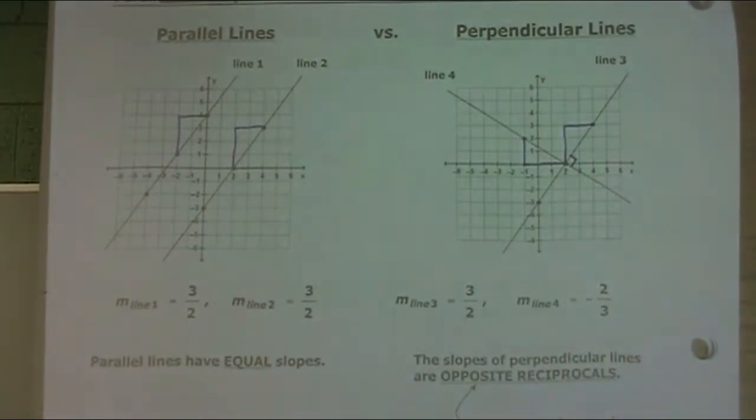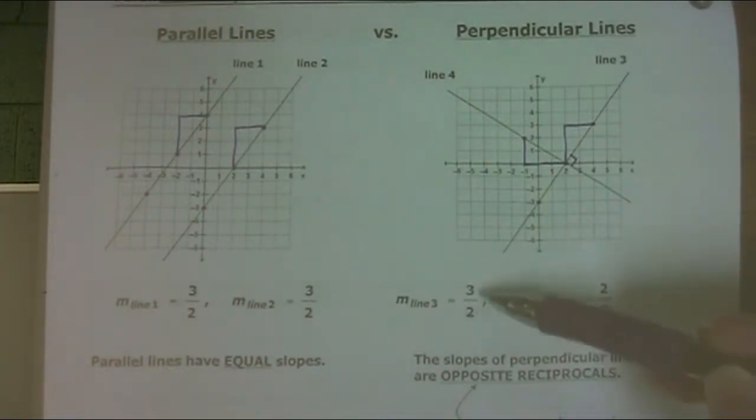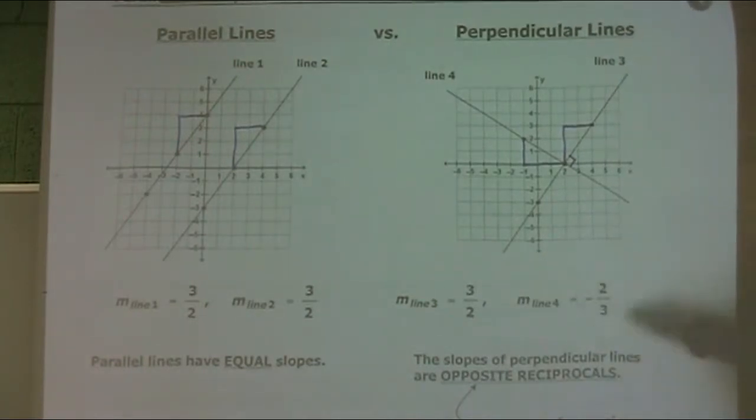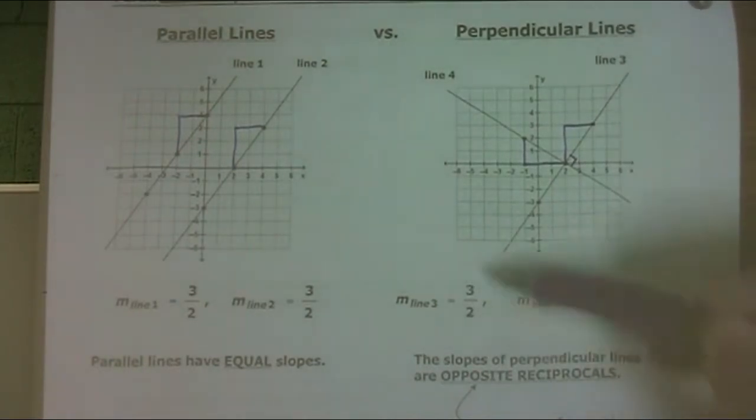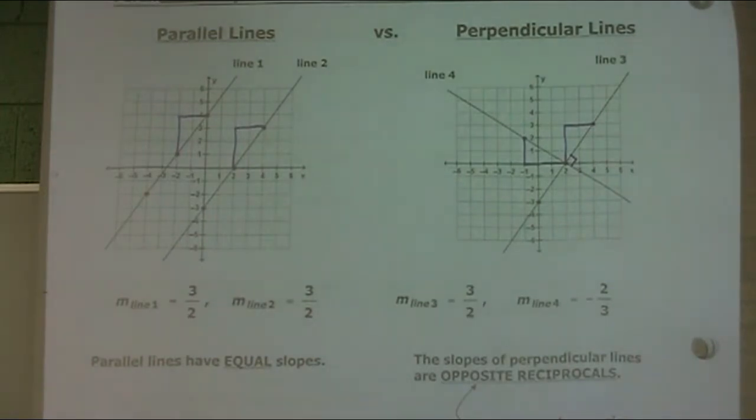Negative 2/3. How these two slopes are related is a two-part process. Number one, they're opposites. One's positive, one's negative. Secondly, they're reciprocals. So notice that line 4 is this one flipped upside down.